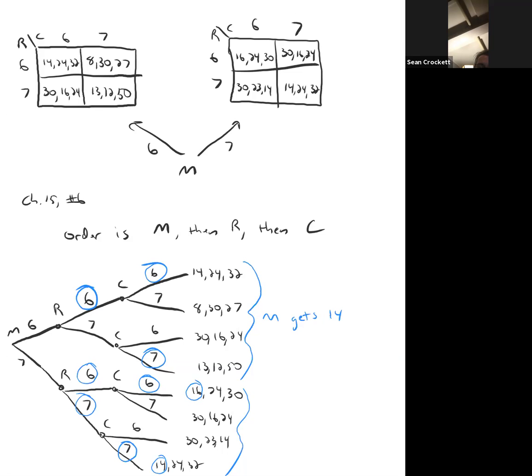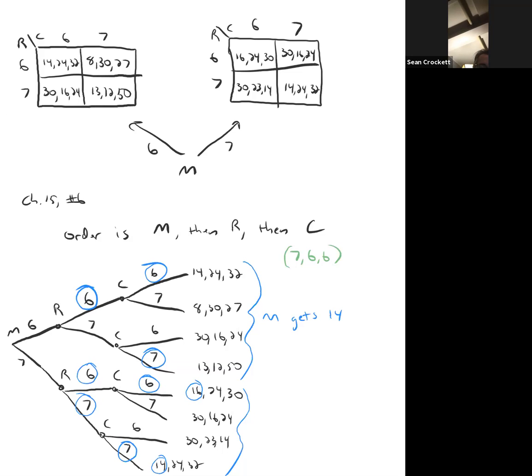Well, so one equilibrium: picking 7 while the other 2 players play 6 and 6 is a subgame perfect Nash equilibrium, right?